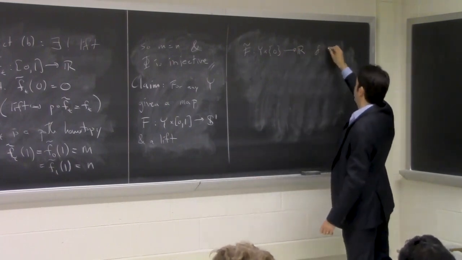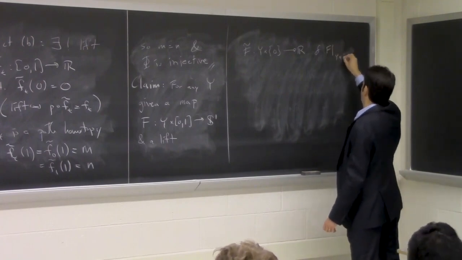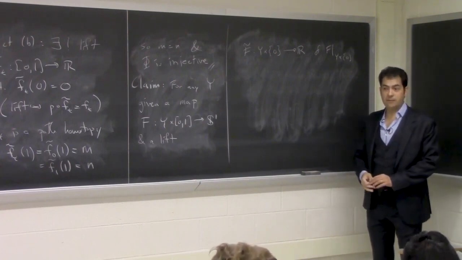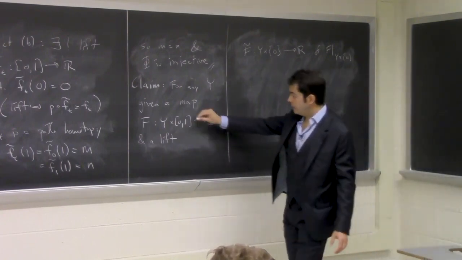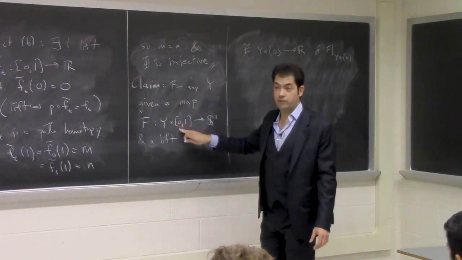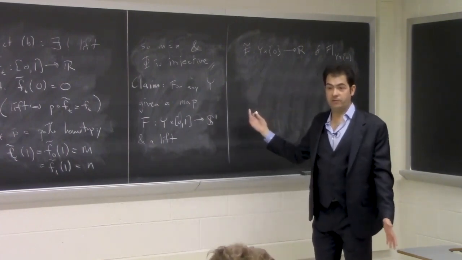This is a lift of F restricted to the left endpoint. So as soon as you choose how you're going to lift y cross the left endpoint, then that's it. You have no more choices. There is a unique lift of the rest.